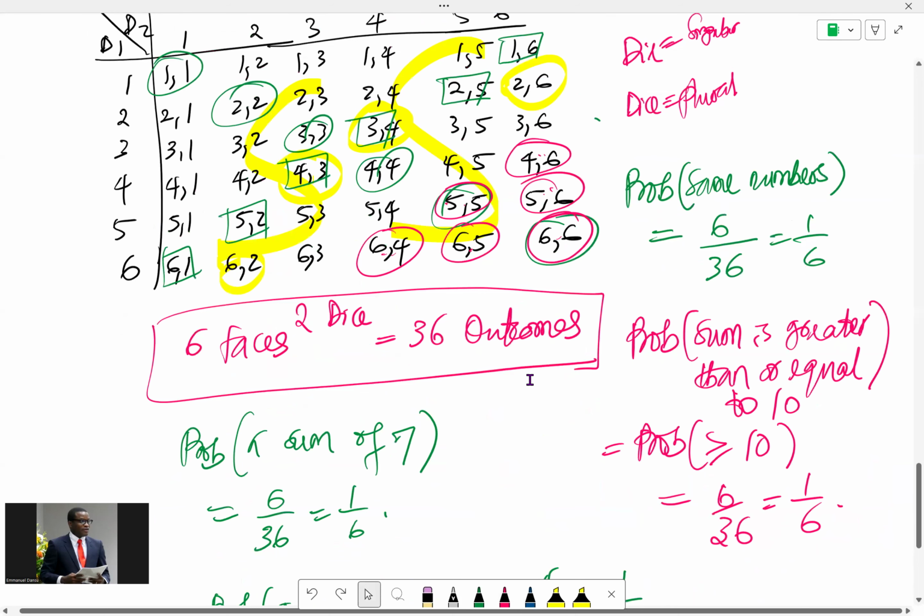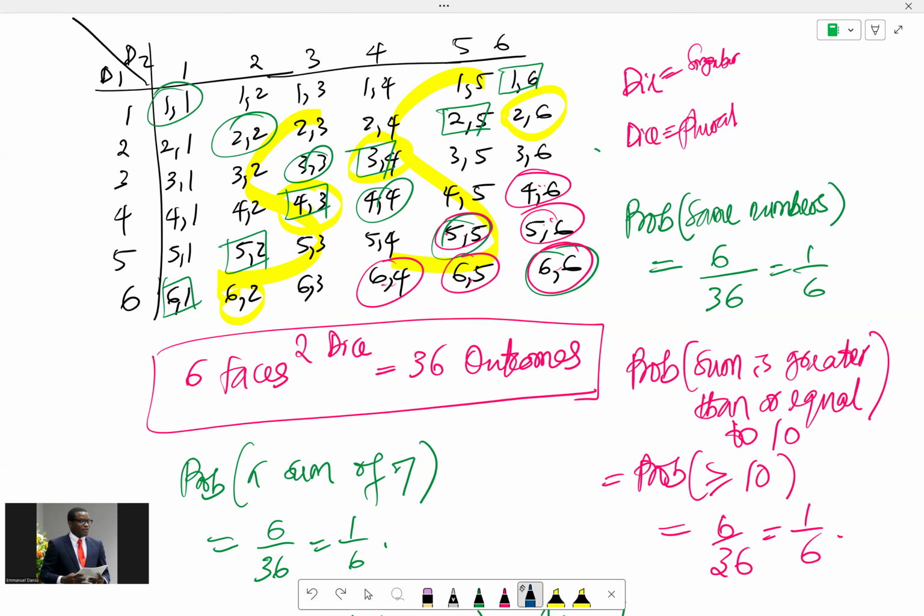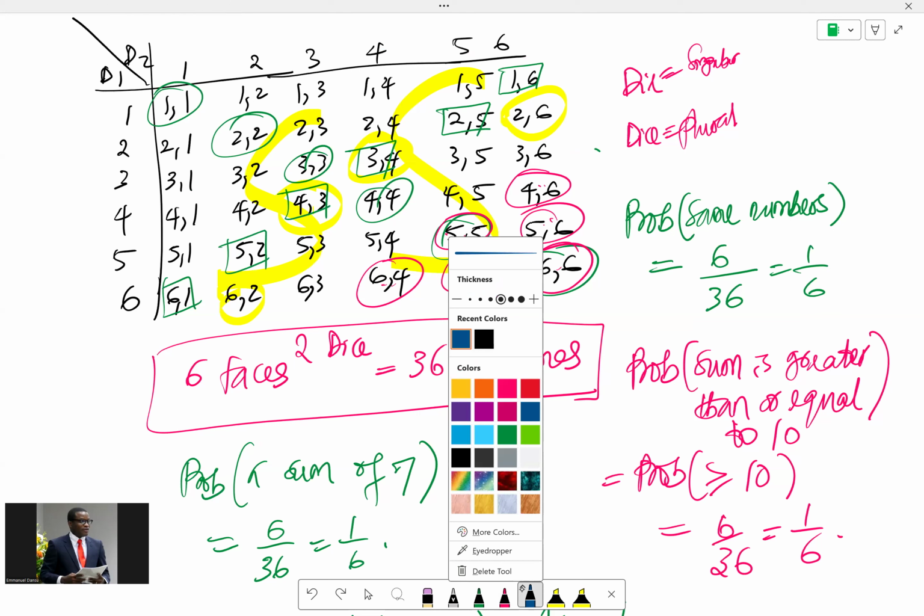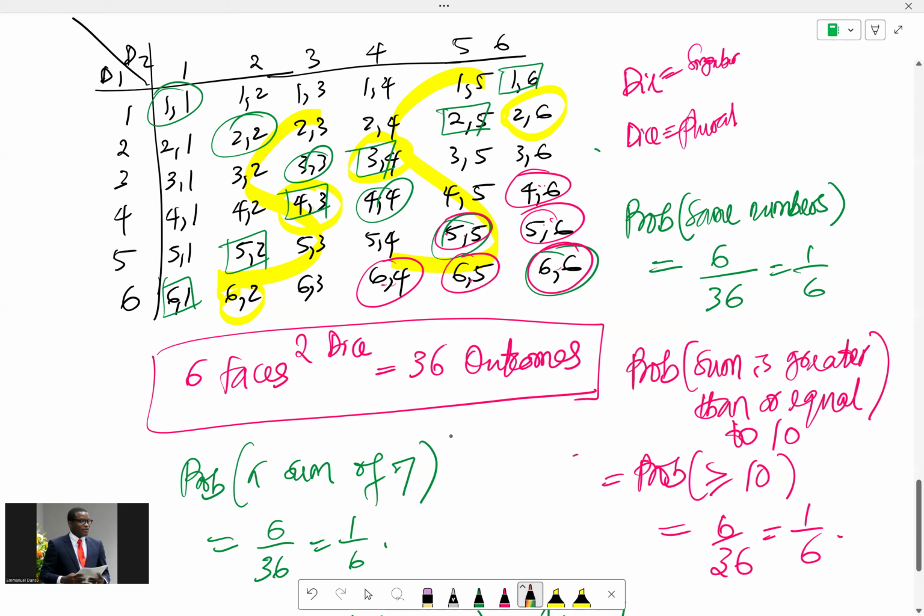We are looking at a difference of 1. So let me change the marker to what we haven't used before. Let me use this orange. Better. So difference of 1: 2 1, 1 2, 3 2, 2 3, 4 3, 3 4, 5 4, 4 5, and of course 6 5, 5 6.